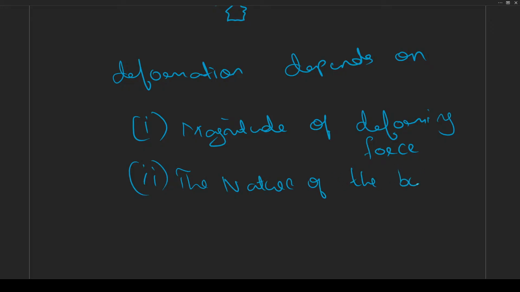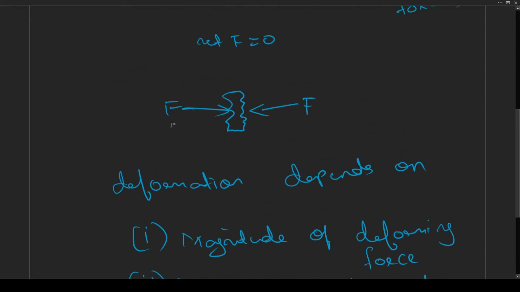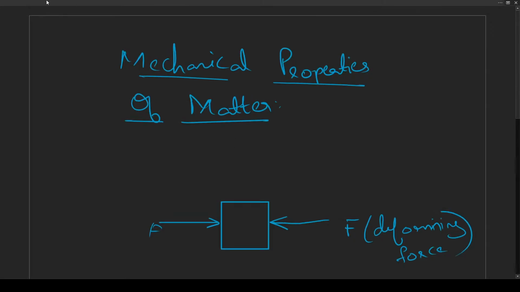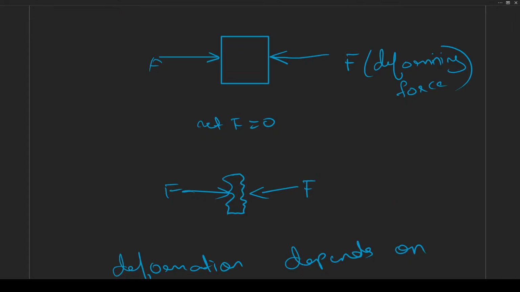Why it depends on the nature of the body is because naturally when we compare sand or mud to steel, obviously the sand, which is very plastic, will get compressed more easily compared to a steel bar or something like that. Because of that, the deformation of this object depends on the nature of the body as well as the magnitude of the deforming force. That is what they said here. Let's go back.